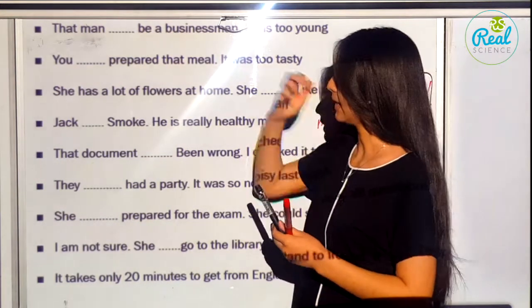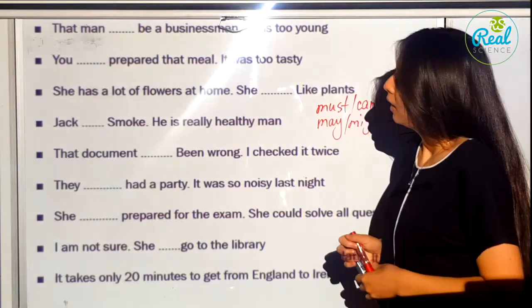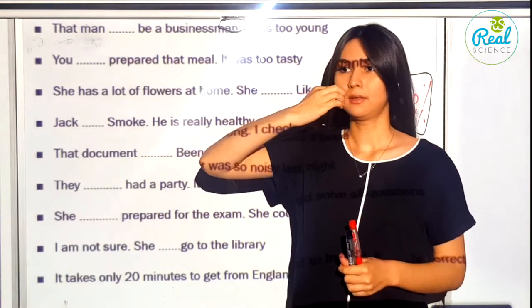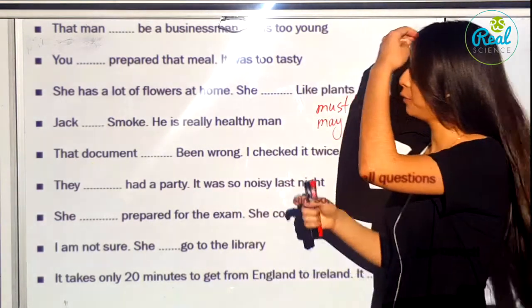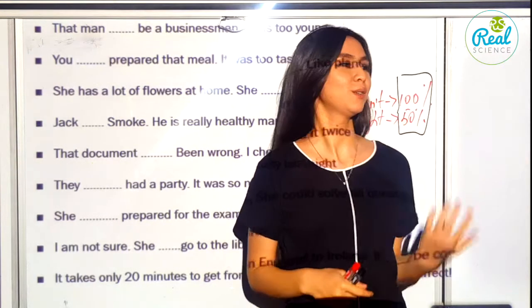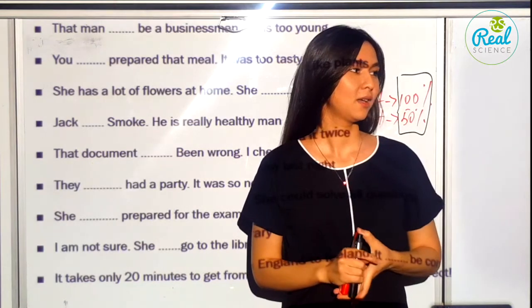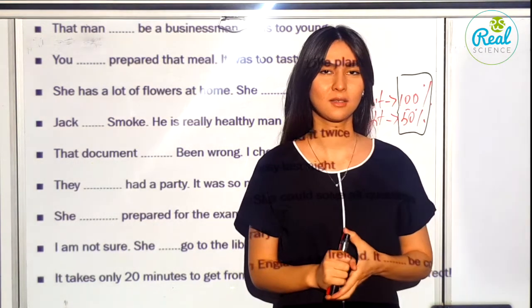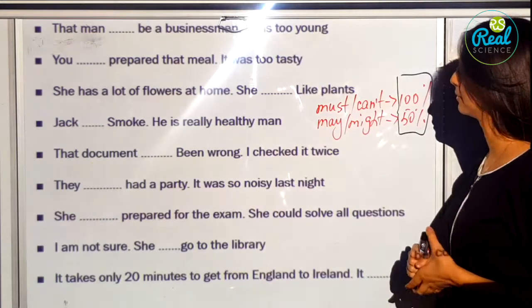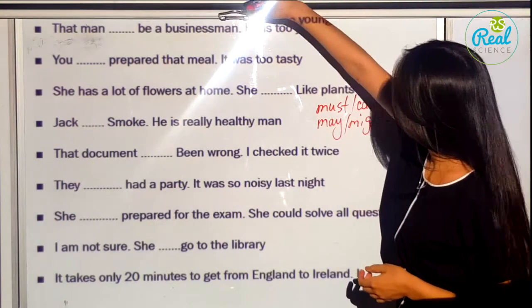Now look at these exercises, guys. Here you are given a situation, and according to the situation, you have to put modal verbs. The first one, any volunteers? Yes, Nafisa, can you start? That man can't be a businessman. He is too young.